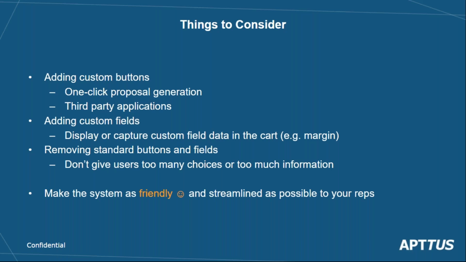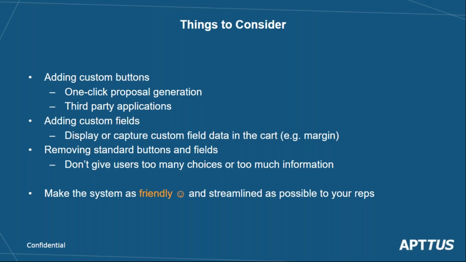Once you click on that button, the pricing will be pushed. So these are for the third party applications. You can have those custom buttons created, and then you can expose them. And then custom fields, I think we'd already discussed. Margin is an example. We can add many custom fields as well.